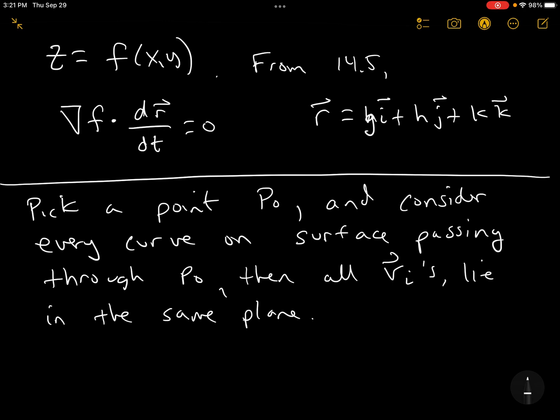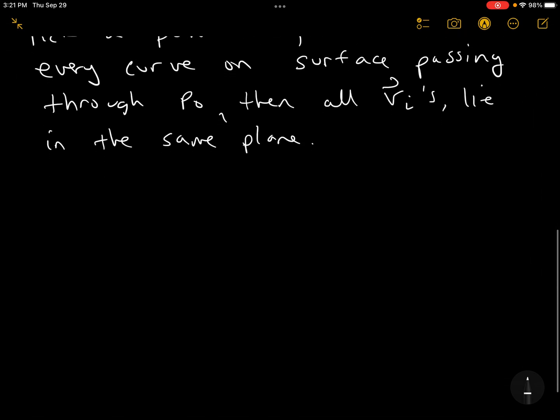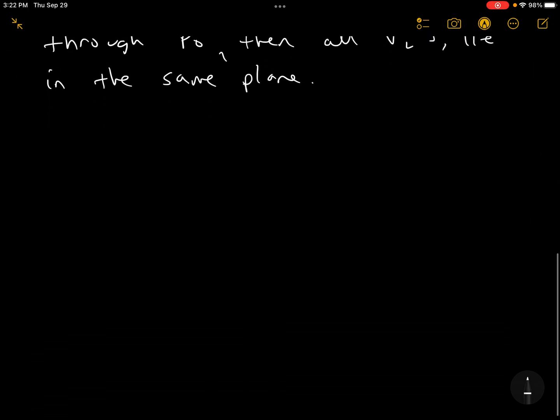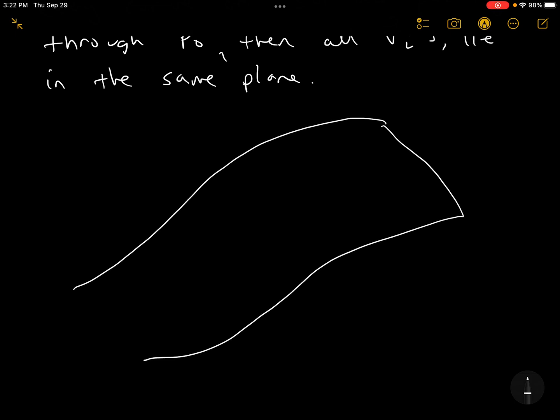So check this out. Here's the picture I want you to keep in your head. Okay, I'll make this full screen here. Here's my surface, z equals f of xy. Somewhere on here is this lonely point P naught, which has the coordinates x naught, y naught, f of x naught, y naught.